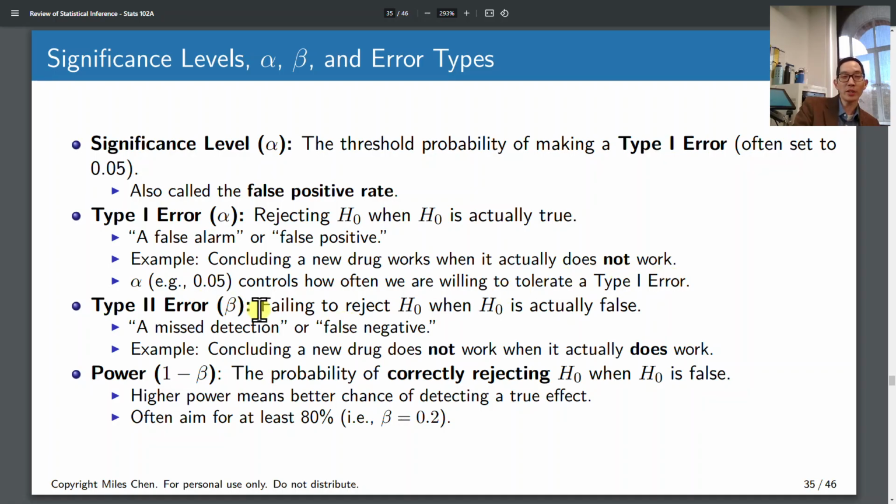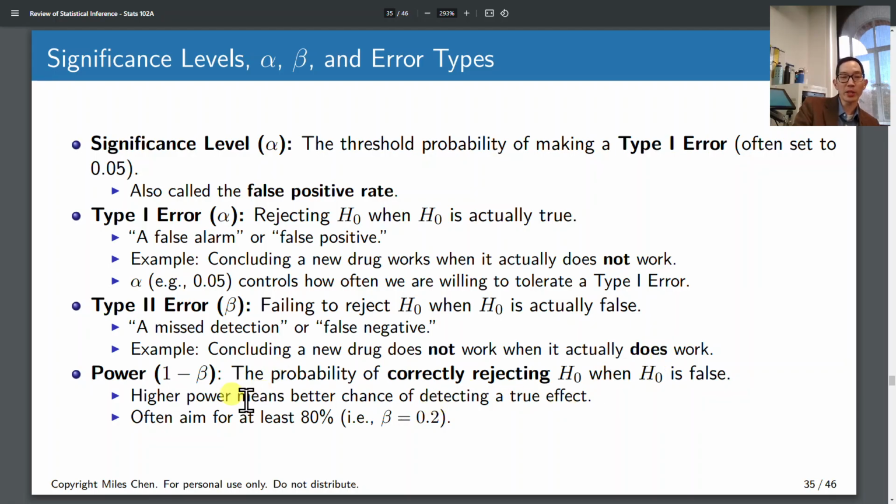The probability of a type 2 error is beta. That's the probability of failing to reject the null when the null is actually false, okay? So this is a missed detection or a false negative, and an example of that would be concluding a new drug doesn't work when in actuality it does work, okay?